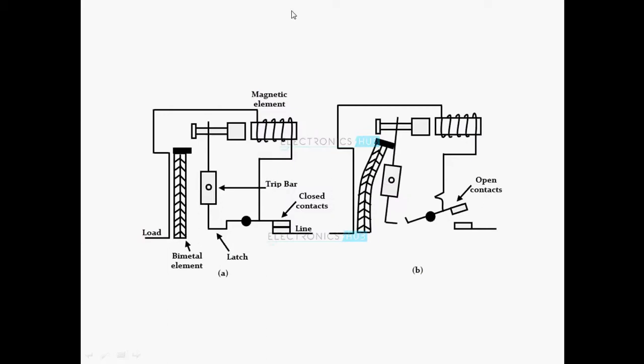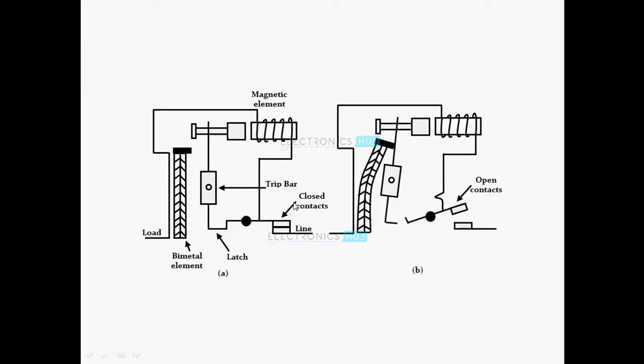This operation is clearly seen in this figure. This is the original position of the MCB, and if overload occurs, the bimetal element bends and it unlatches. This latch is tilted, and thus these contacts get opened. Also, due to short circuit condition, if this electromagnetic coil pulls this latch, again this latch is tilted and these contacts are open.